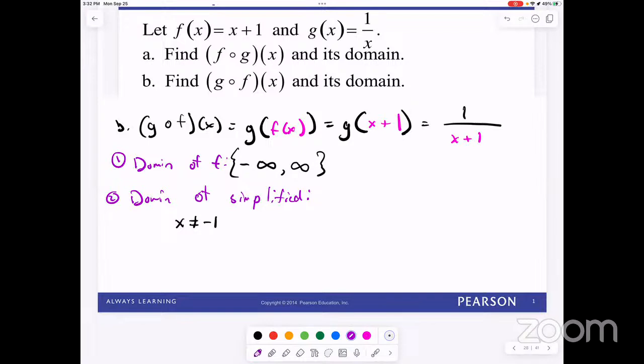Okay. So then the final step is we want to take the intersection of these two sets, right? So then 3, take their intersection. All right.